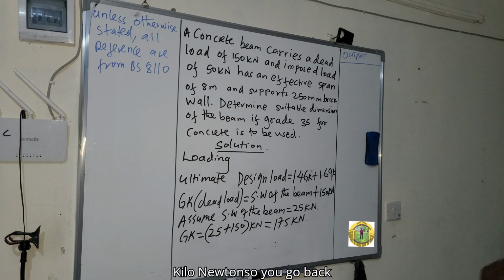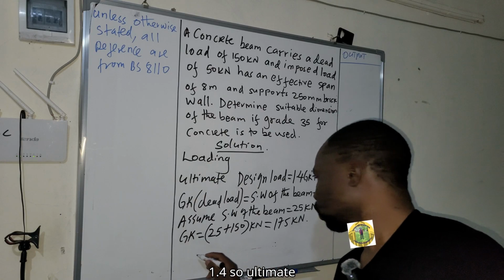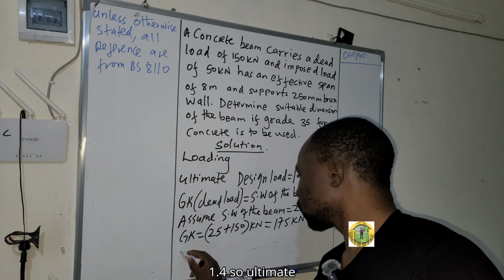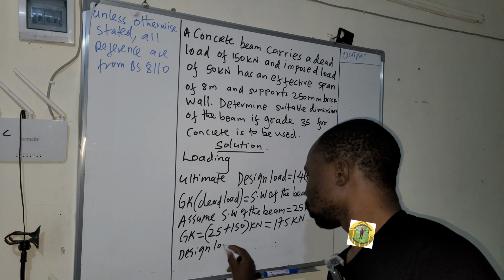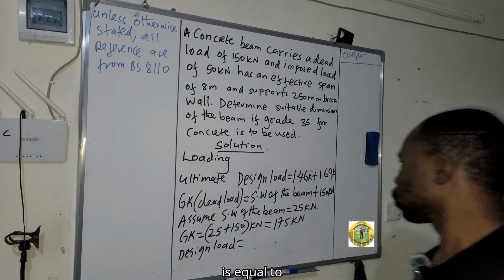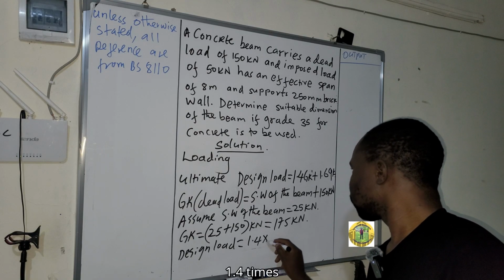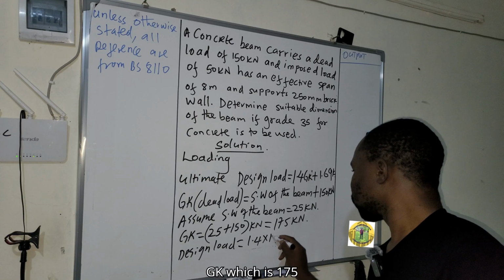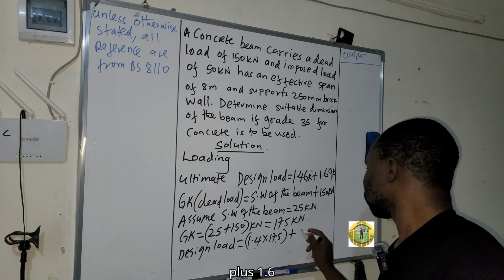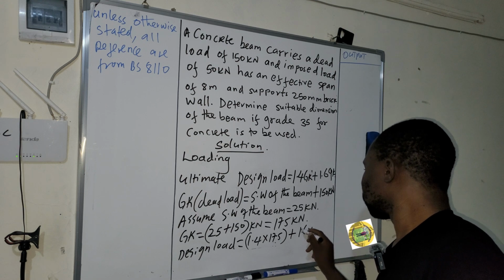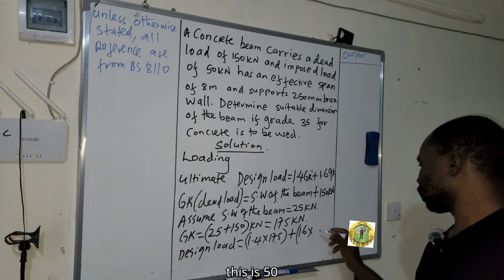So we go back to ultimate design load, which is 1.4 times GK, which is 175, plus 1.6 times QK, which is the imposed load. This is 50.